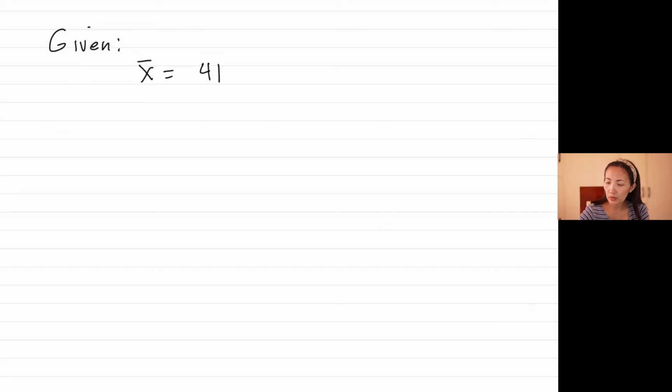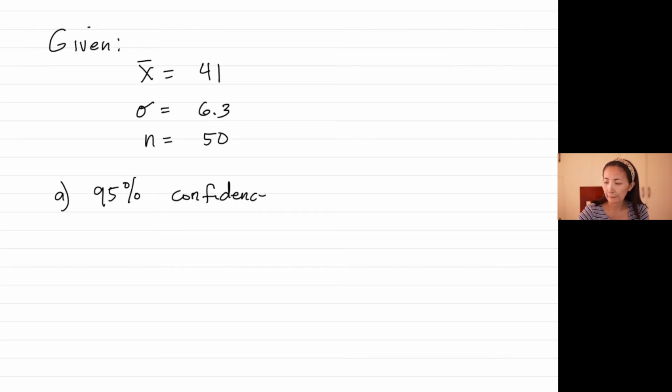Okay, so sigma is 6.3. N is 50. And letter A asks for a 95% confidence interval, whereas letter B asks for a 90% confidence interval.